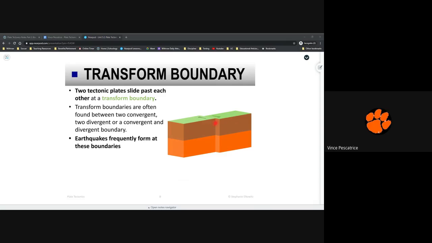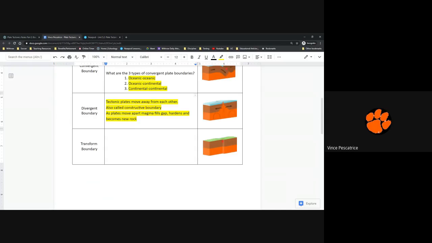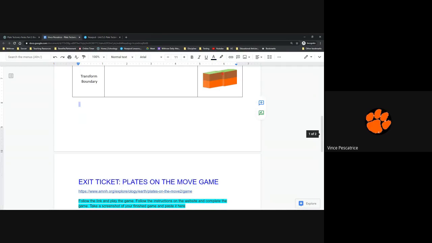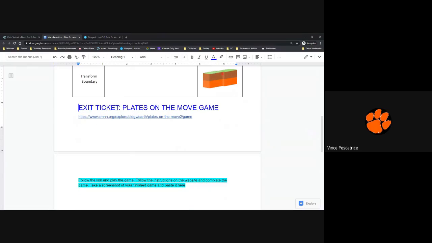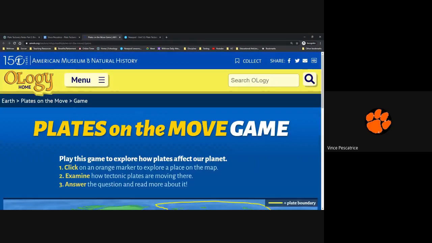In your notes is where I want you to go here, because if you go there on the Nearpod, when we're done with class and I close my Nearpod, it's going to close it for you as well. So make sure you go there in your notes, scroll all the way to the bottom where it says exit ticket, Plates on the Move game. So you're going to click on this, follow the link, and all the instructions are right there.